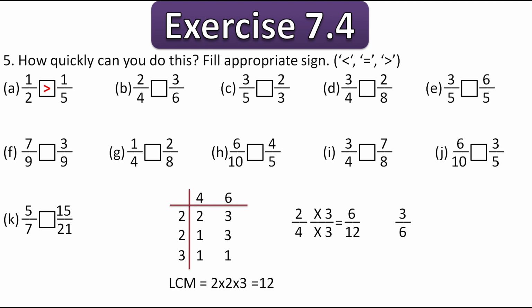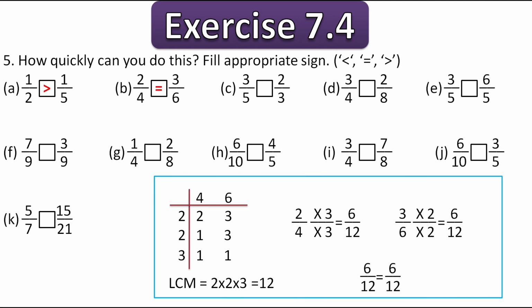By which number should we multiply this fraction to get denominator 12? As you all know, 6 2s are 12. So we multiply this fraction by 2 and we get 6 upon 12, which is equal to the previous fraction. Therefore, both fractions are equal. So we write the equal sign here.